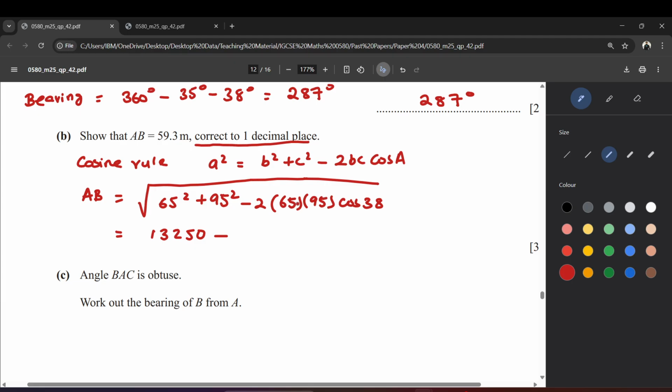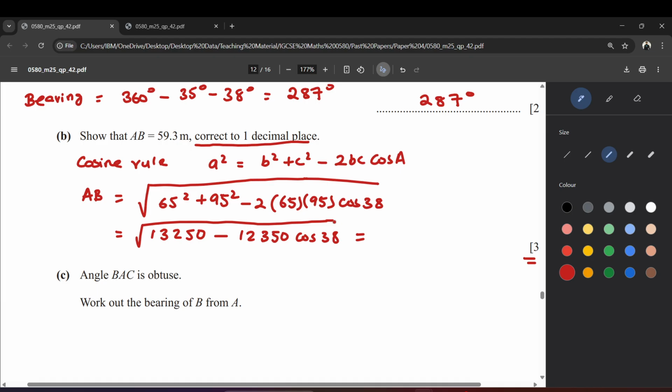So 2 times 65 times 95, that will be 12,350 cos 38. Okay, now you can write all of this in your calculator and give the answer. The reason why I'm telling you this is because look, there are 3 marks. The intermediate working is also needed, so show some more steps as well.